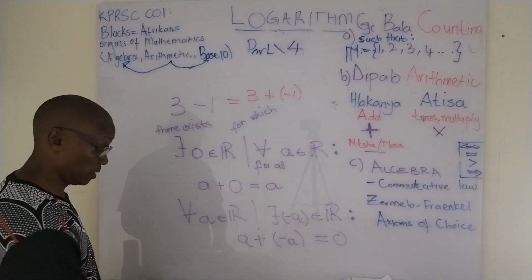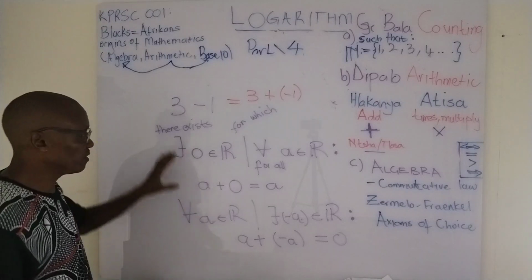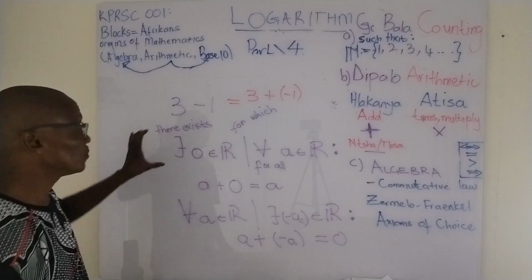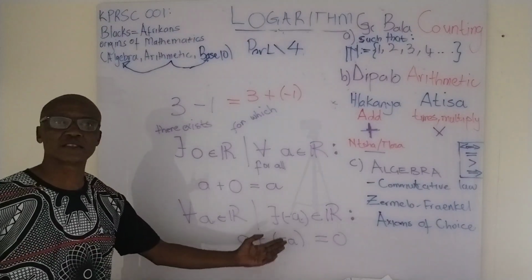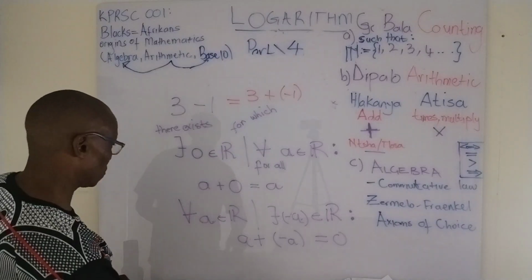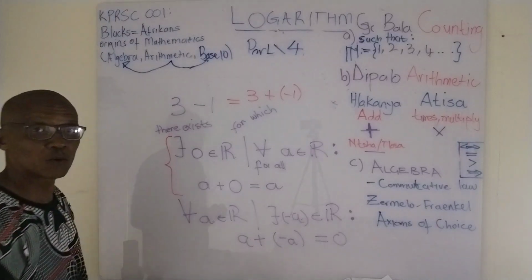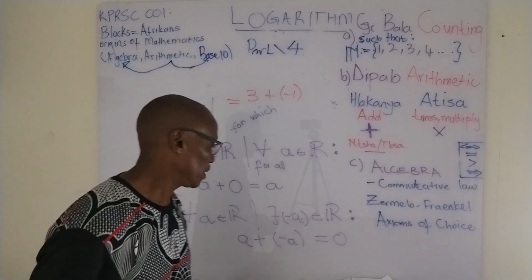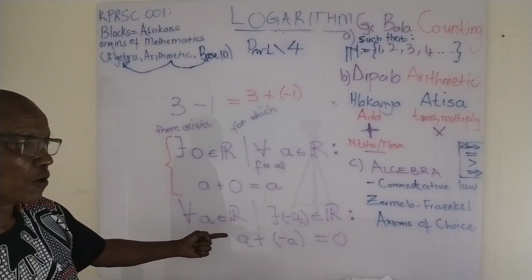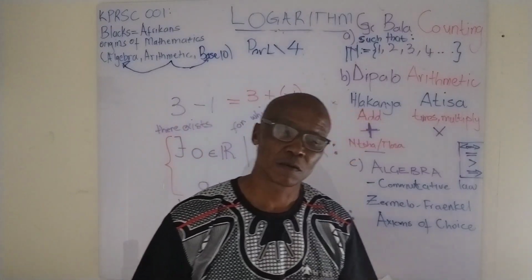Now, we're done with the negative actually. Now, the problem is this. You see, if I never came with this law, and you tell me that there is a negative number according to this law, well, I'll give you 0 and I will ask you for its inverse.